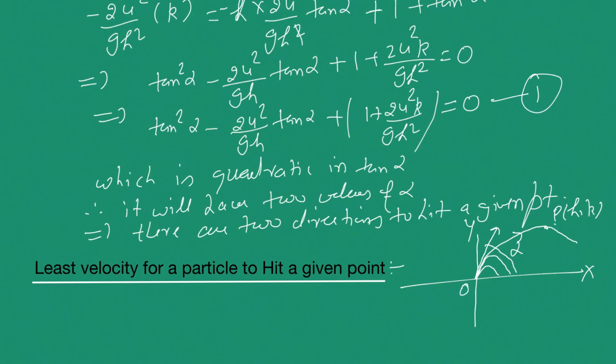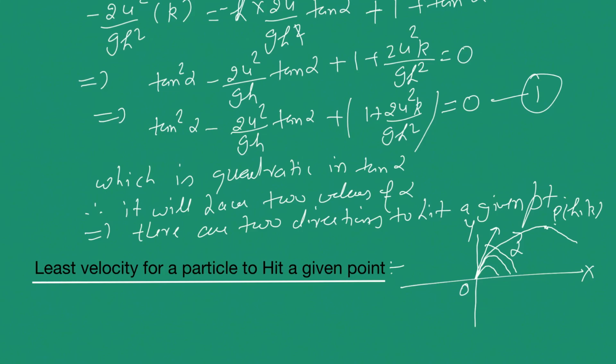Other directions will be imaginary directions. If it has some other roots, then it will have an unreal direction; imaginary roots mean unreal direction. I'm going to interpret this physically: imaginary roots of equation number 1 will give unreal directions along which the particle is not going to hit the given point.